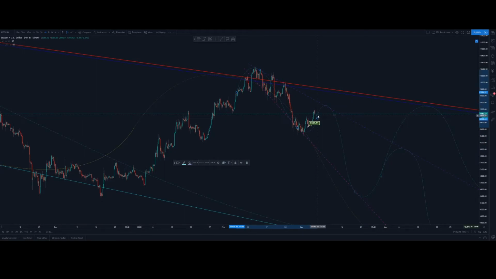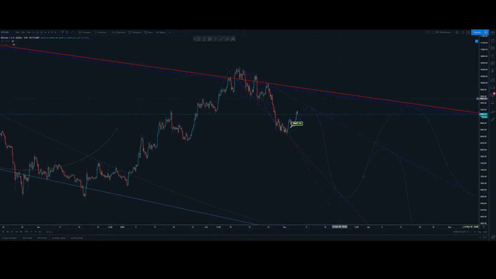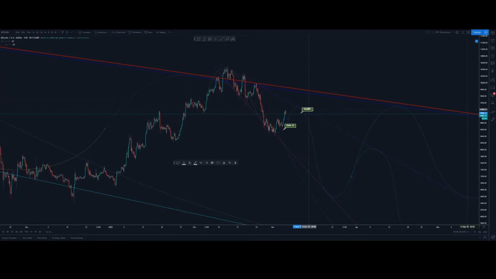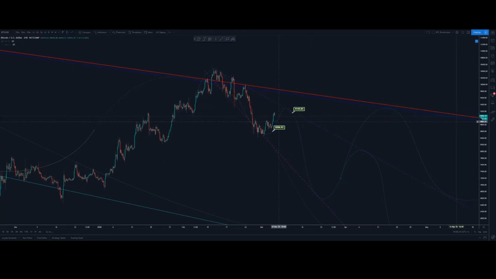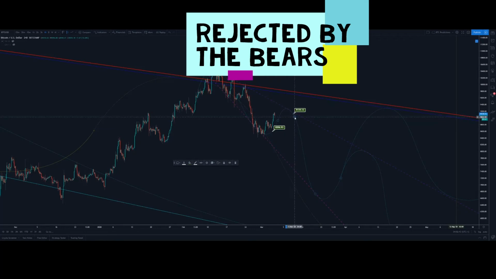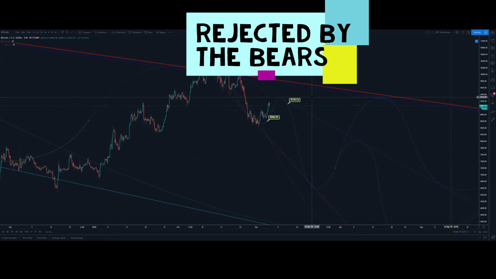Let's move that a bit, like that. Since the bounce off is here, this would have been a great point to long, and exit your position would probably be somewhere here if this thing finds resistance over here, if it gets rejected by the bulls, which is highly probable, of course, since we're following this trend reference.